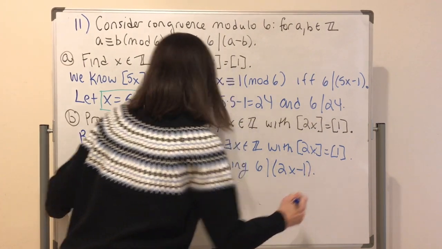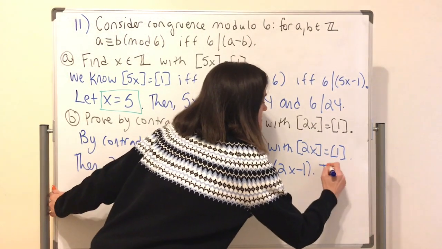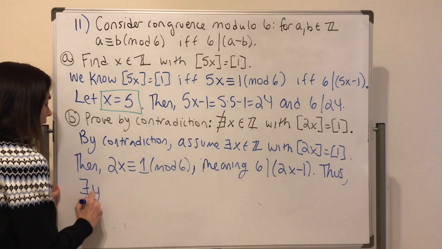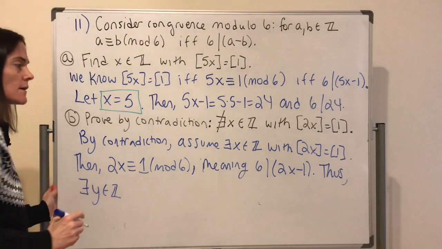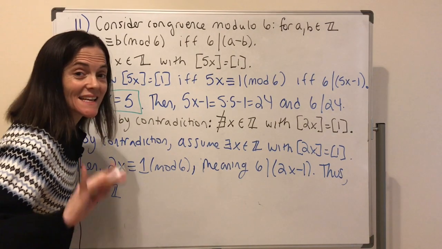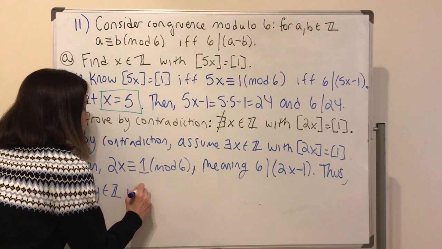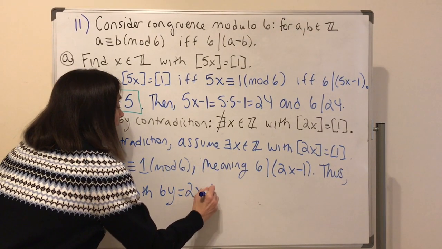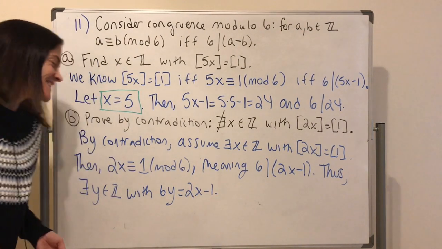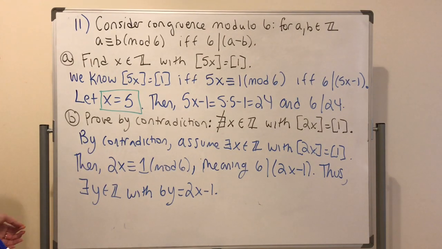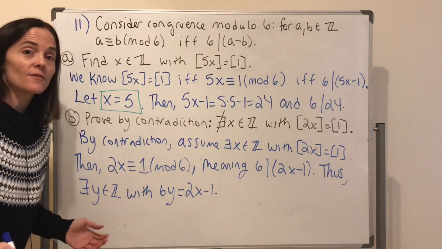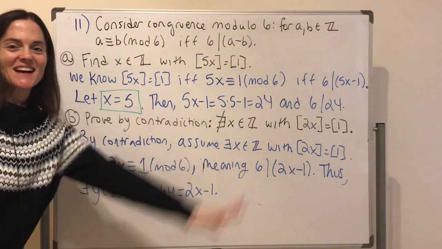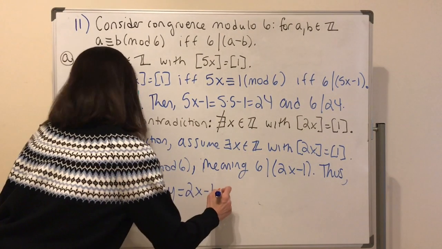Okay, so thus there exists an integer, maybe y in Z, where 6y is 2x minus 1, this is just the definition of divides. And now we are almost to our contradiction. Let's solve for 1 here. I can move the 1 to this side and move the 6y to the other.